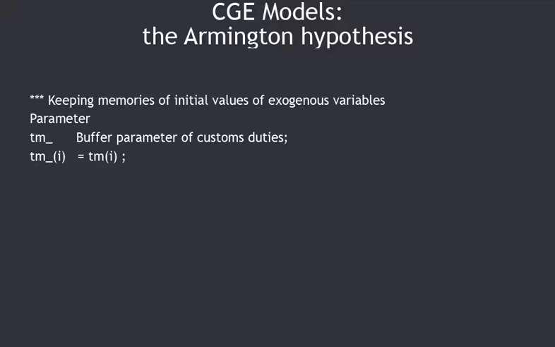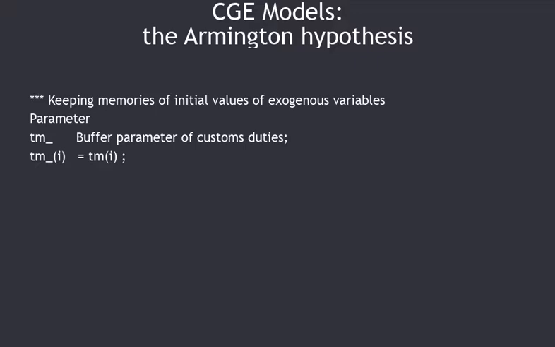We keep a record of this initial value by declaring a parameter by the instruction parameter, and the name of this parameter is tm underscore. So it means it is the buffer parameter for customs duty.